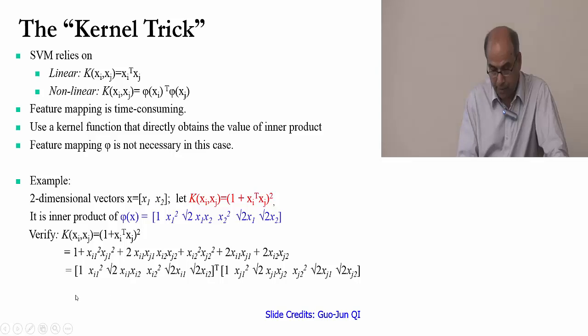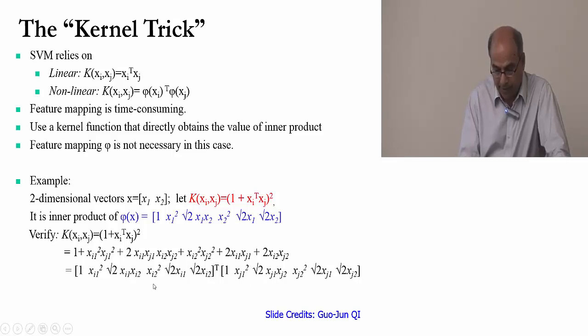So 1 multiplied by 1 is 1, then xi1 square and xj1 square, which is this, then root 2 multiplied by 2 xi1 xi2 xj1 xj2, which is this.